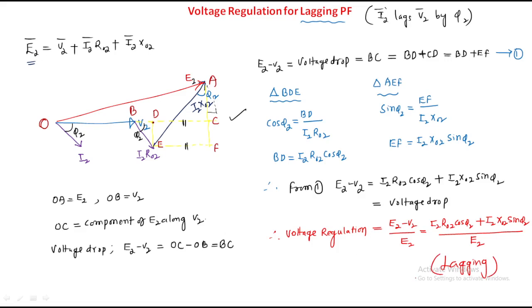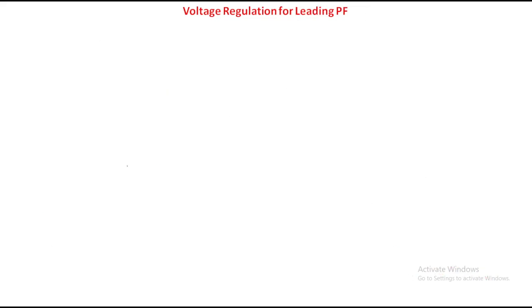This is the voltage regulation formula during lagging condition. Now we have to get the voltage regulation during leading power factor. So we all know that during leading power factor, I2 leads V2 by phi 2. Therefore, what is the equation?